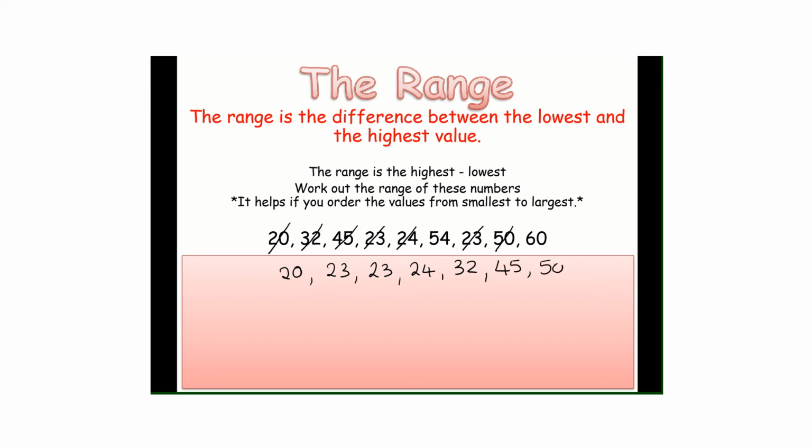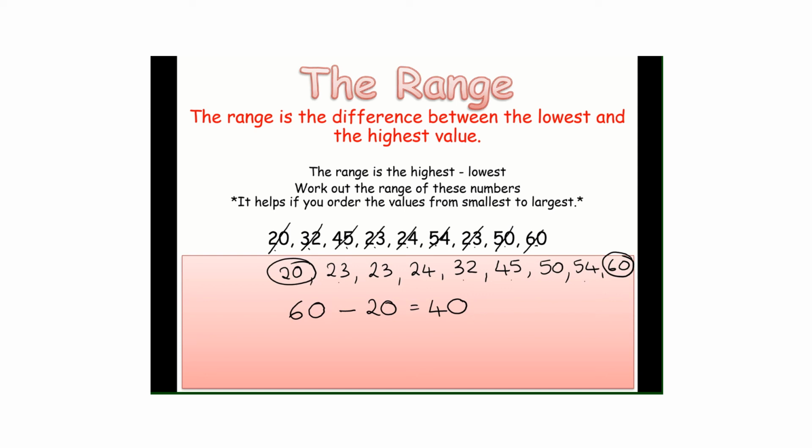Then 50. 54. And 60. So I had 1, 2, 3, 4, 5, 6, 7, 8, 9 numbers to start with, and I've got 1, 2, 3, 4, 5, 6, 7, 8, 9 numbers I've written down. So I want to do the biggest number, which is 60, take away the smallest number, which is 20. So 60 take away 20 equals 40.